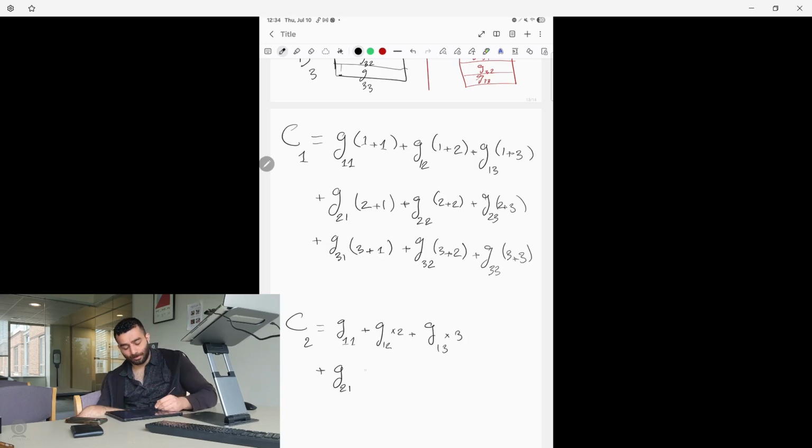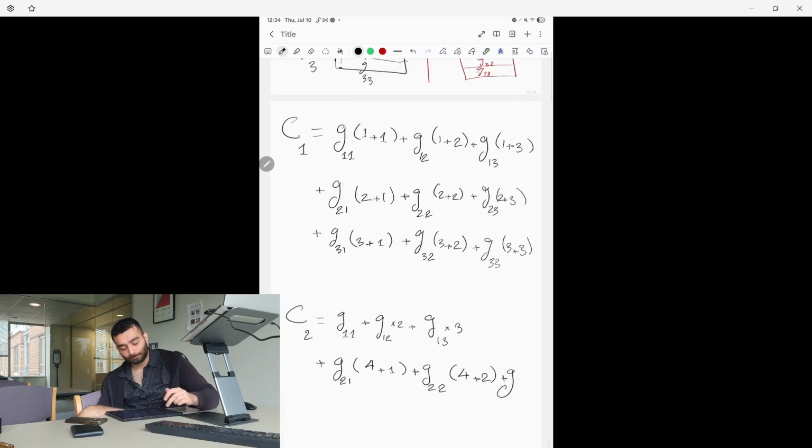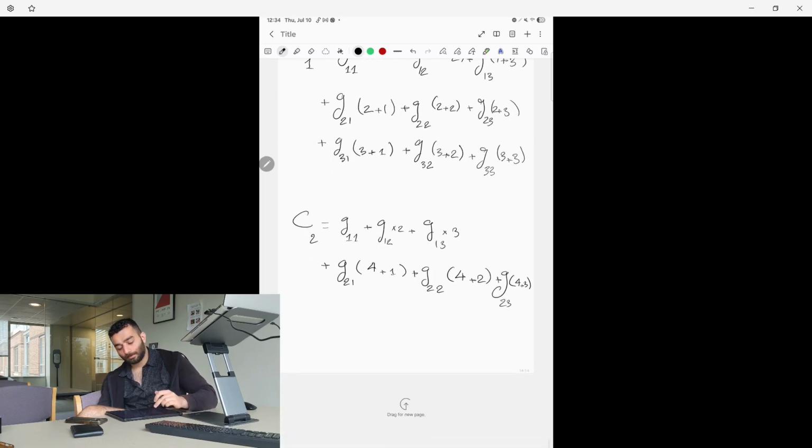Now they are again not in the same layer, so 4 plus 1, plus G22, 4 plus 2, plus G23, 4 plus 3, right?